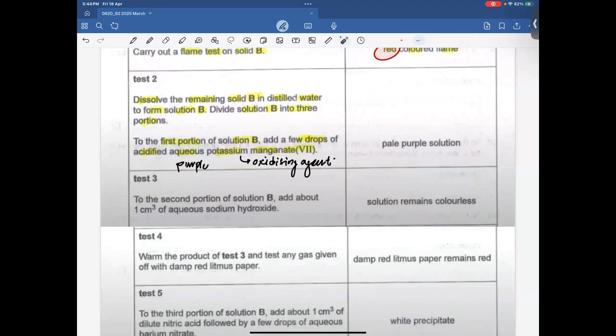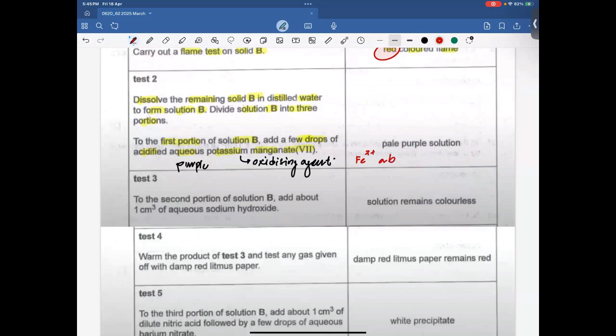Now look at the observation. The examiner has given that the solution becomes pale purple. It was purple, it is still purple. So there is no change in the color of the solution, which means a reaction cannot take place, and that indicates no reducing agent exists. In your syllabus, Fe2+ ions is a reducing agent.